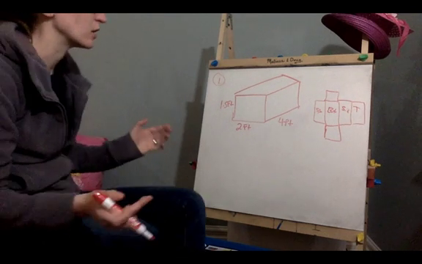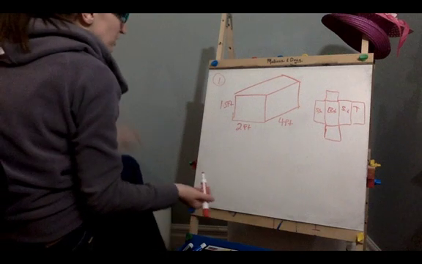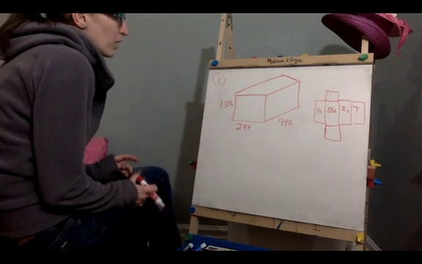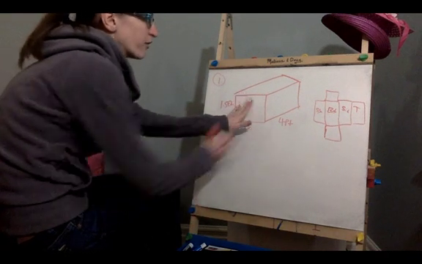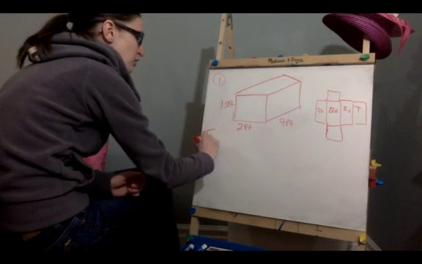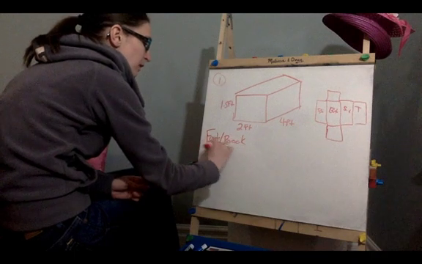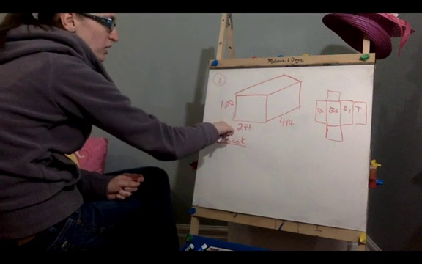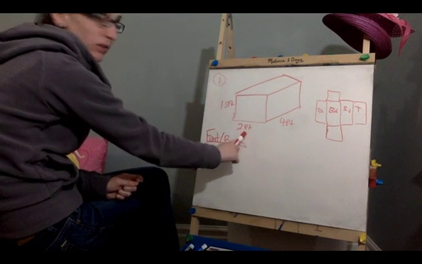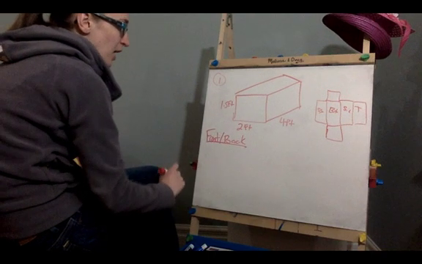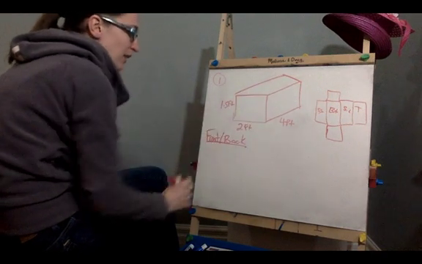Okay, so you could try to unfold it that way, or you can just visualize it and start by asking how I would calculate the area of the front and the back. Just organize your work so you know what's what. So front, back. That's just a rectangle with dimensions of 2 by 1.5, and there's going to be 2 of them because it's the same on the other side.